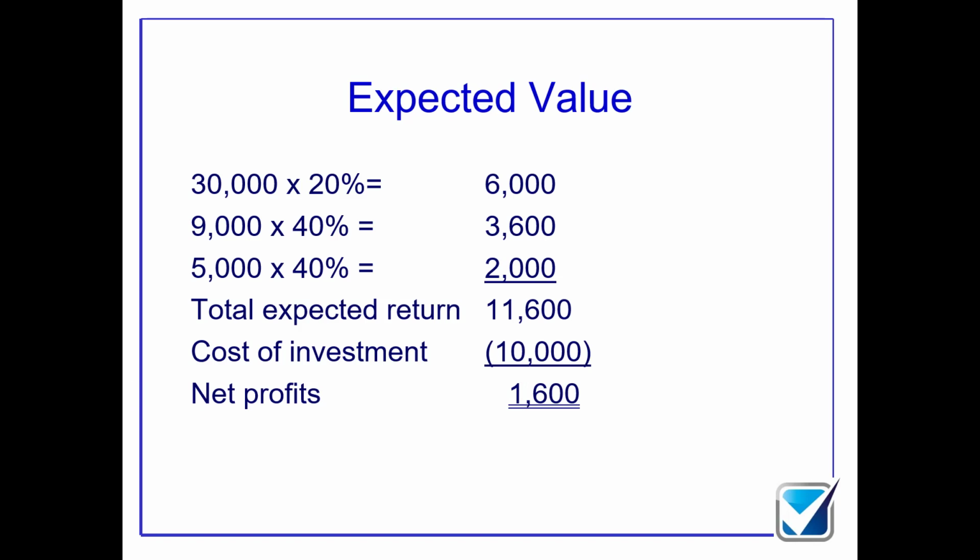However, of those three potential outcomes, I only get a positive return if I have a good return of $30,000. If I look at the normal and the poor return, I make a loss. So that means I've got an 80% chance of making a loss, only a 20% chance of making a profit. And that 80% chance of making a loss is something I would need to take into account.